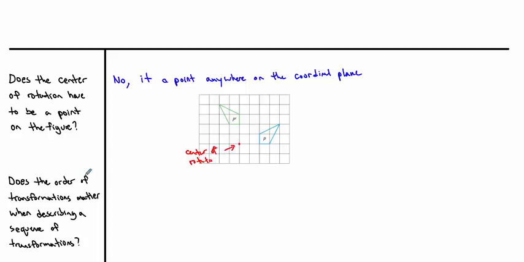Okay, does the order of transformations matter when describing a sequence of transformations? Yes, it does. The order determines where the shape is going to end up, where the image will be located.